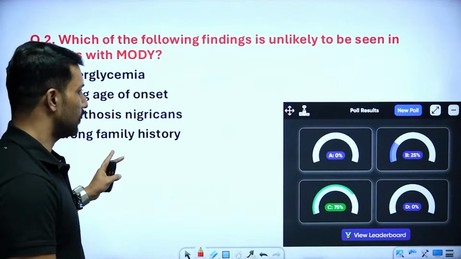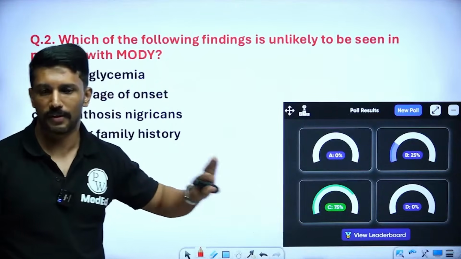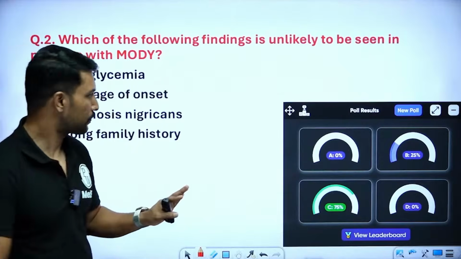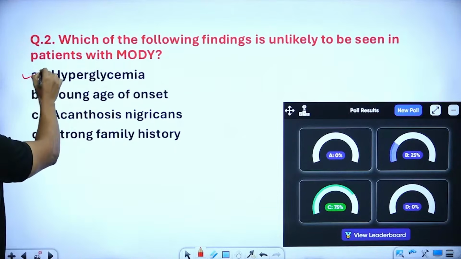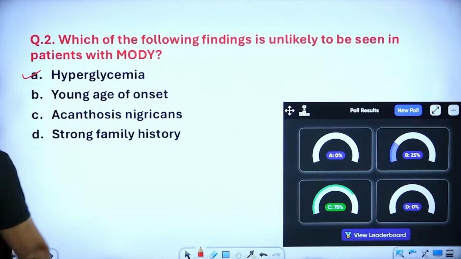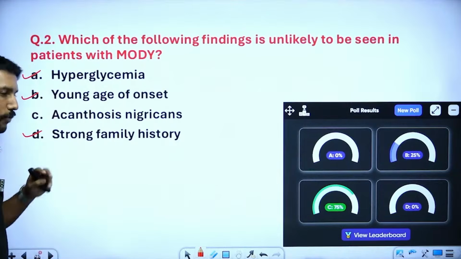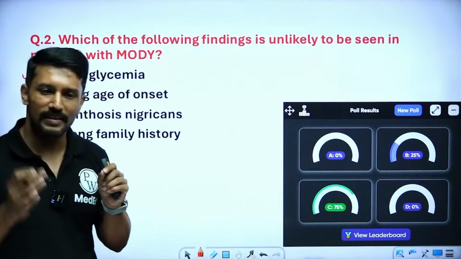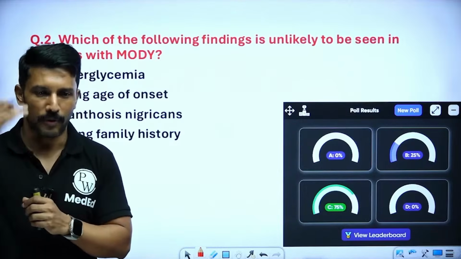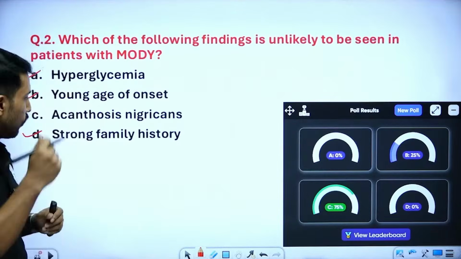Okay, so I think 75% of you gave the right answer. Beautiful, fantastic. So hyperglycemia, to call it as diabetes, hyperglycemia has to be there. To call it as MODY, the age of onset has to be less than 30 years of age, right? And because it is autosomal dominant, for diagnosis, we need at least 2 or 3 generations of people having vertical involvement of diabetes.